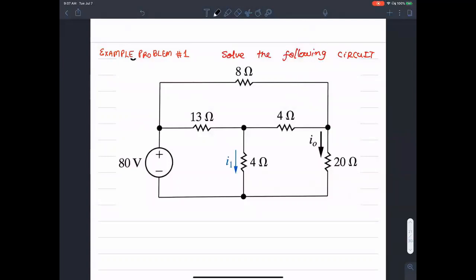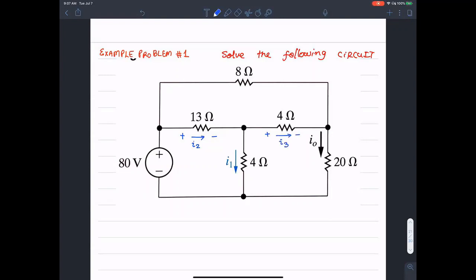Okay, so the first thing we are going to do is to define some currents. Let's call this I1, let's call this I0. The current through the 13 ohm resistance, I'm going to call I2, and this current I'm defining to be I3.